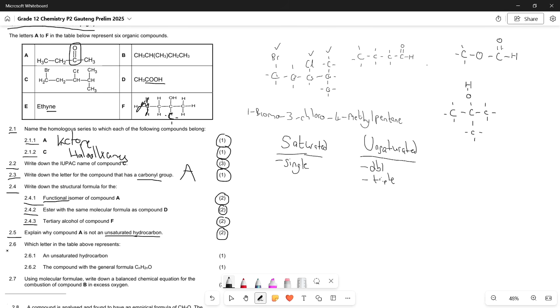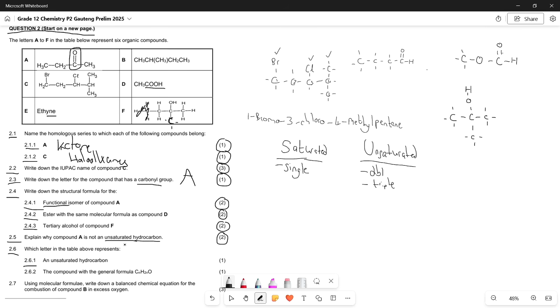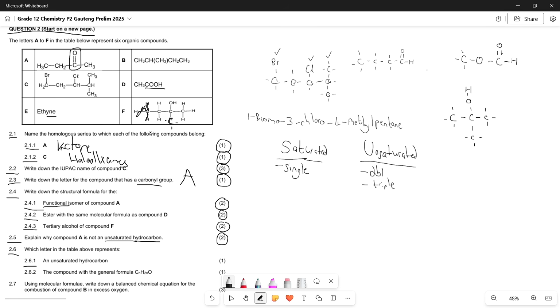And then 2.6 says, which letter in the table above represents 2.6.1, an unsaturated hydrocarbon? So this is a nice follow-on question because we just chatted about an unsaturated hydrocarbon, which means we can only have C's and H's and we need double or triple bonds between the carbons. So we can look through here. It's definitely not A or C because we have an oxygen here, a bromine and a chlorine here.